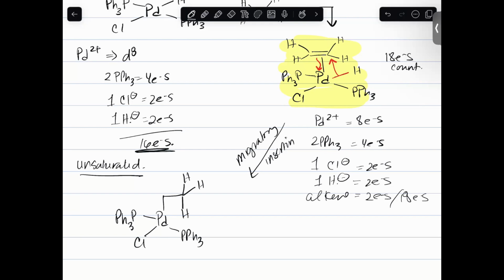It adds syn. You have your syn addition. You have your alpha hydrogens and your beta hydrogens. Okay.